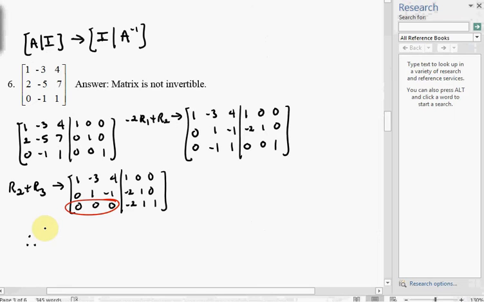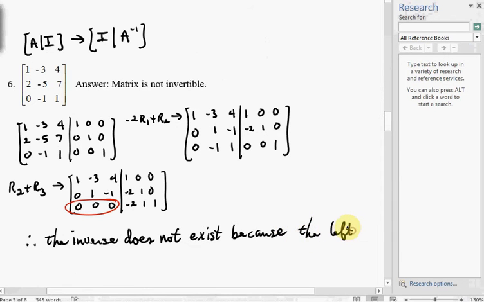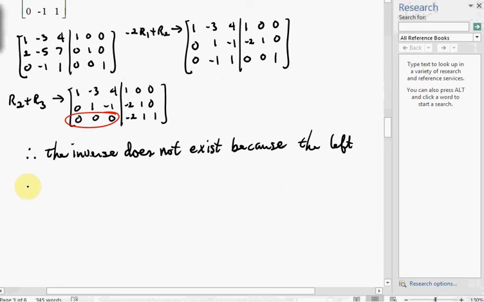Because the left side matrix cannot produce the identity matrix.